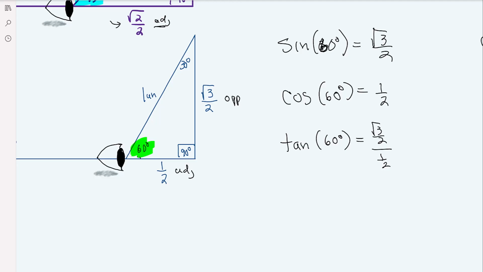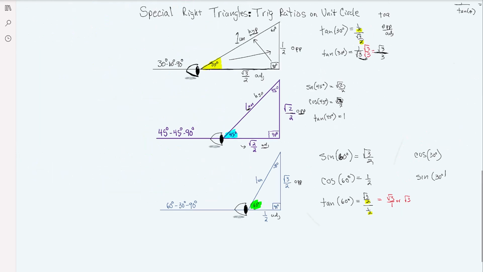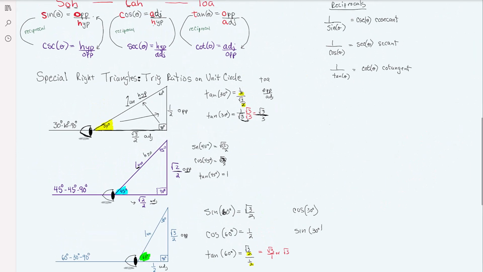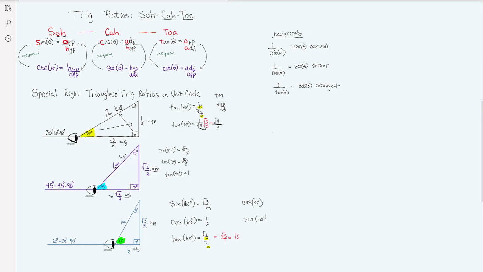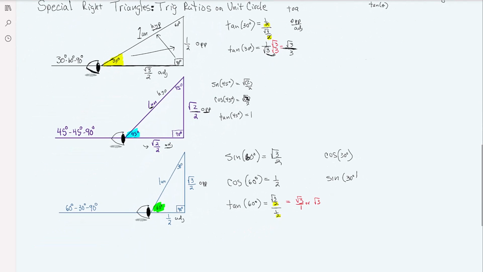Look at the two denominators cancel each other out. If we multiply by the reciprocal, the 2's would cancel, and that would just leave root 3 over 1, or root 3. All right. So those are special triangles, Soh-Cah-Toa, and what that means from the viewpoint of the angle in which you're talking.